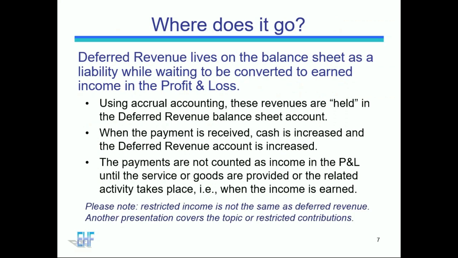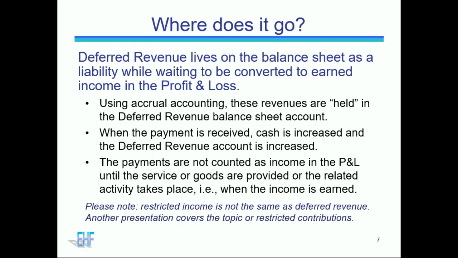So where does deferred revenue go? It lives on the balance sheet as a liability while waiting to be converted to earned income on the profit and loss, sort of like a parking lot. Using accrual accounting, these revenues are held in the deferred revenue balance sheet account.